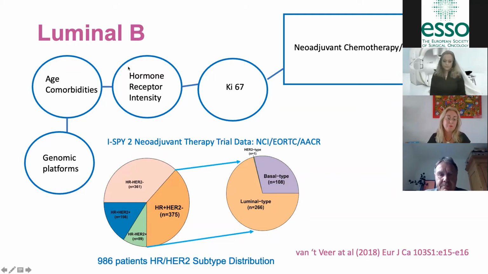It's important to consider the hormone receptor intensity, the Ki-67, and whether the patient benefits from surgery if they have a reduction. And in some cases, the genomic platforms can change the immunohistochemistry of the tumors and can help us decide whether the patient will benefit from neoadjuvant endocrine therapy, chemotherapy, or surgery.